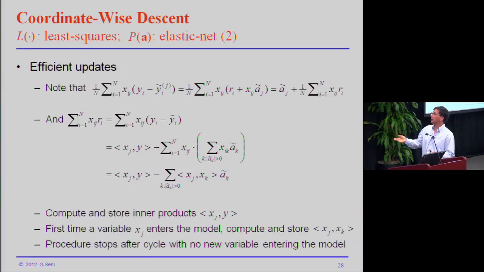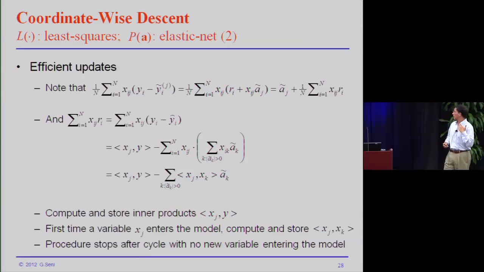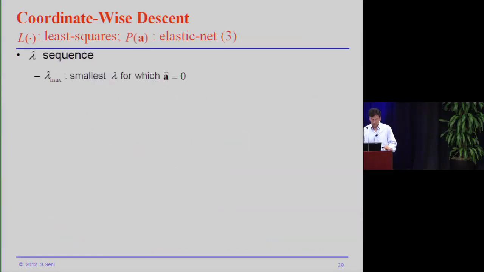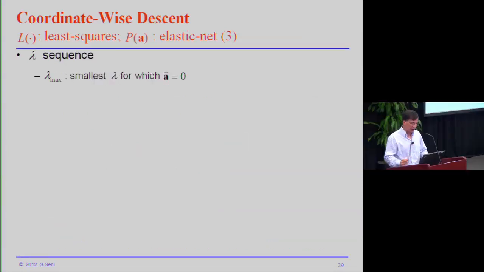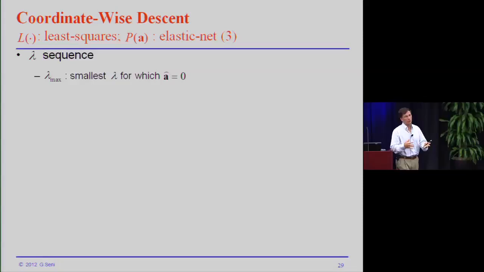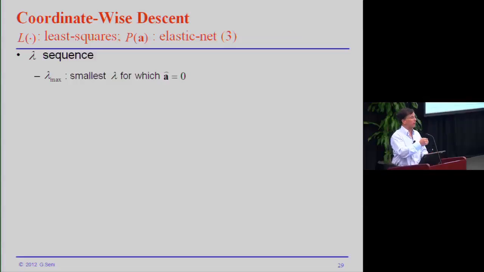The procedure typically stops after a cycle where no new variable enters the model. And so just a couple of additional details. Originally I was talking about lambda equal to infinity and lambda equal to 0, but that can be further constrained so that we have a finite number of lambdas to explore.